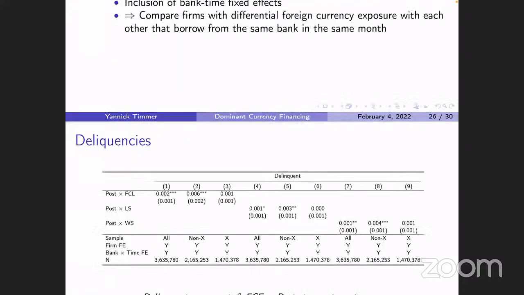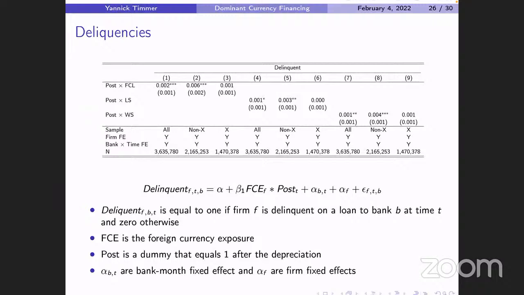In order to do that, we look first at delinquencies and we regress a delinquency dummy, which is one if the firm is delinquent in a certain period, on the interaction between the foreign currency exposure, as we did before, and the post dummy. And again, mirroring the results we had before, firms that had more foreign currency exposure before the depreciation have higher delinquencies than firms that do not have a lot of foreign currency borrowing or have a lower liquidity shock.